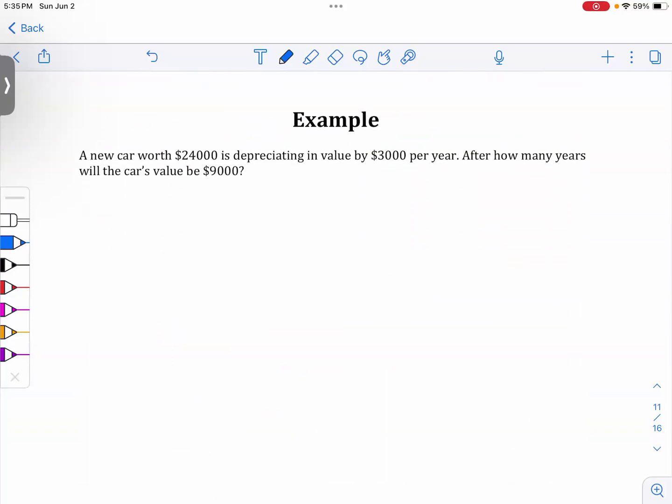All right. A new car is worth $24,000 and is depreciating in value by $3,000 per year. After how many years will the car's value be $9,000? So that means we start with $24,000 and X equals years. And it's depreciating at $3,000 per year.